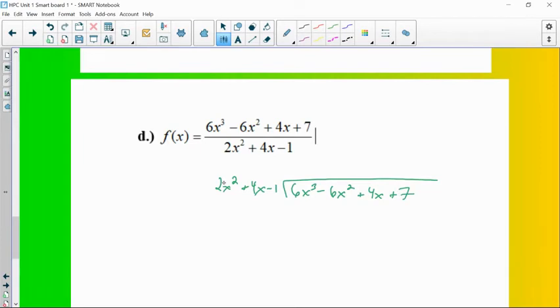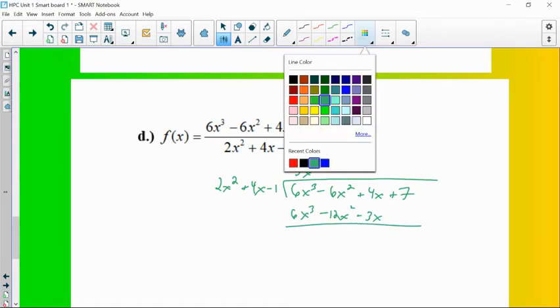Okay, so 2x squared into 6x cubed is 3x times, 3 times 2 is 6, x cubed. Go ahead and carry out the rest of the multiplication. That's negative 12x squared minus 3x. And then don't forget to subtract.